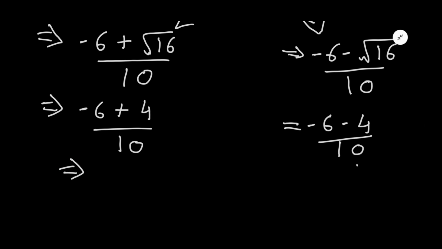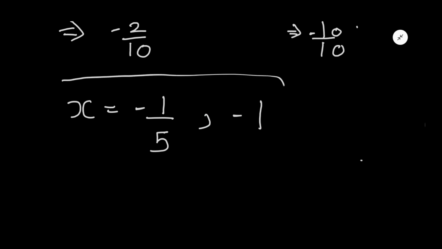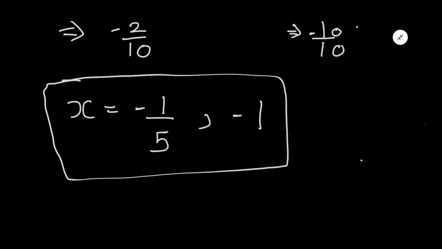So minus 6 plus 4 is equal to minus 2 upon 10. And here minus 6 minus 4 is minus 10 upon 10. So the two roots are minus 1 by 5 and minus 1. So here you can see the roots are different and not equal but are real.